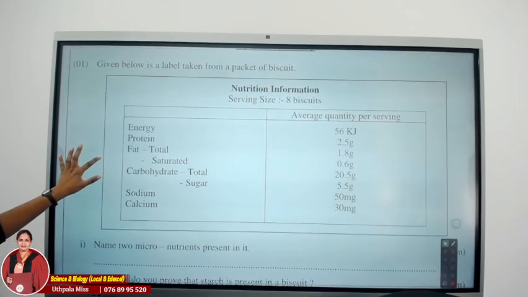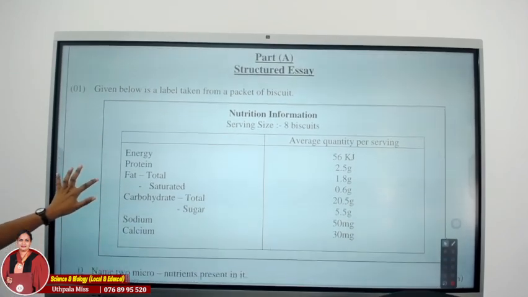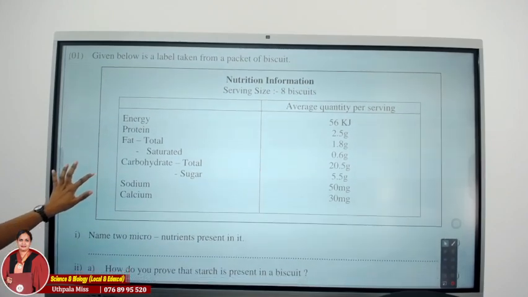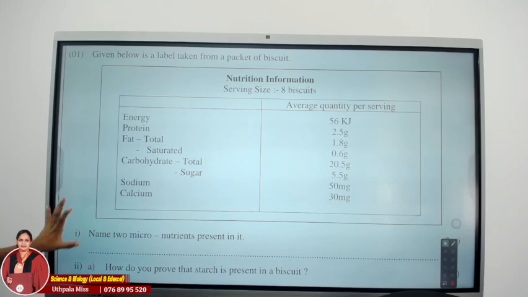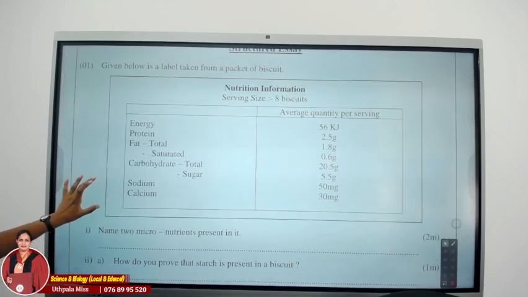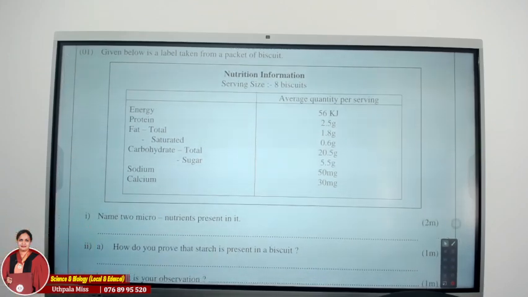You can start. This is a structured essay question, a past term test paper. Just have a look at it and write the answers within a few minutes. Please turn on the videos.